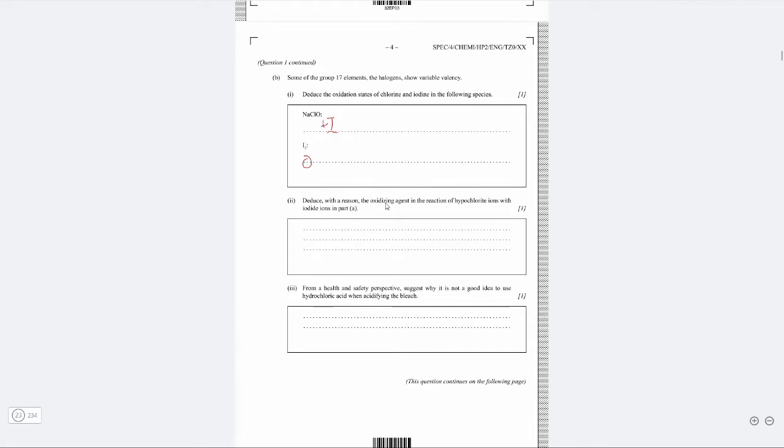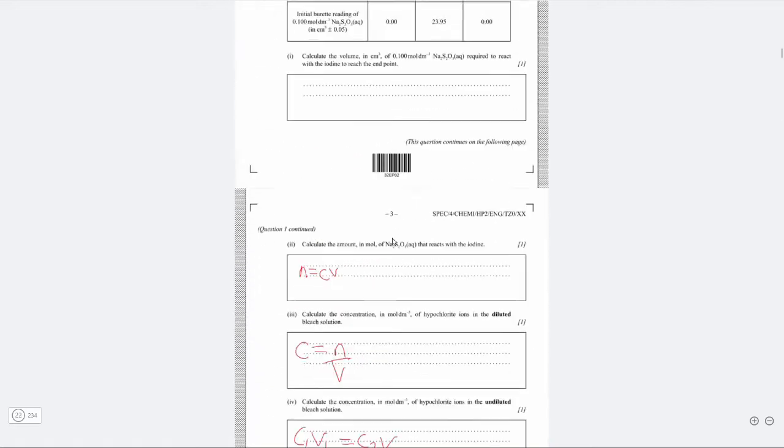Deduce the oxidizing agent in the reaction of hypochlorite ions with iodide ions. The oxidizing agent is something that reduces itself to oxidize something else. So if you see what has been reduced, this has -1 and this one has 0, so the iodine has been oxidized, while chlorine goes from +1 here to -1 here, so this one has indeed been reduced.